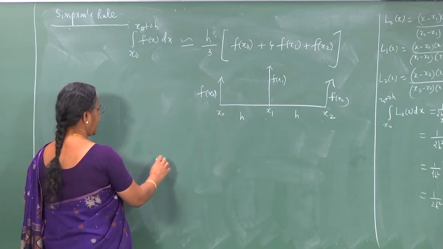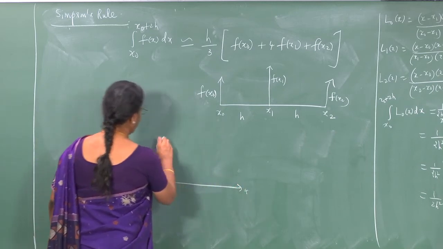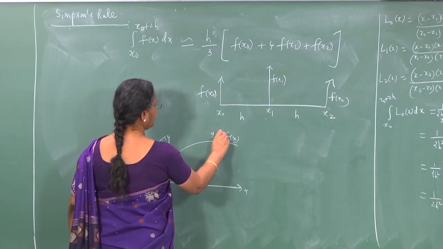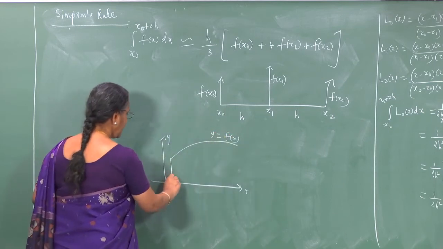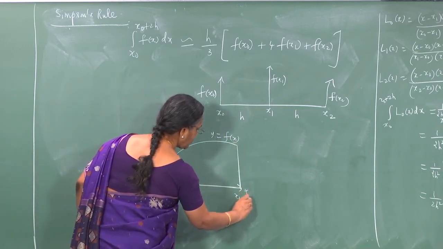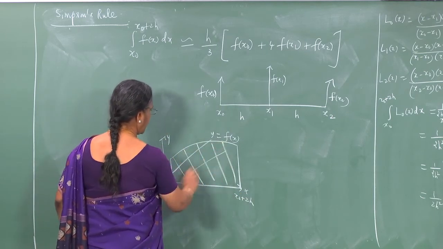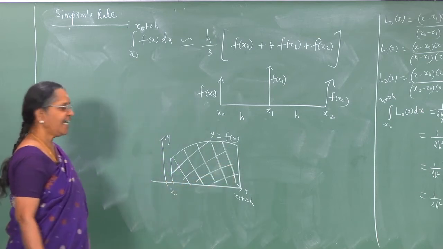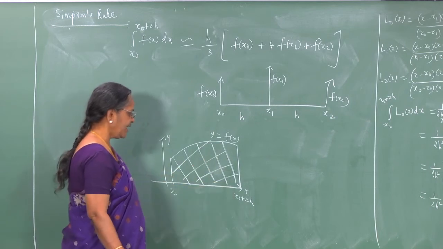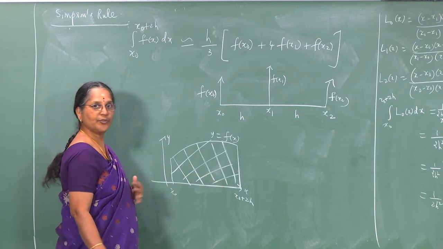Let us see geometrically. We have in the xy plane a curve y is equal to f of x, and we are asked to integrate between x0 and x0 plus 2h. Namely, we are asked to find the area bounded by y equal to f of x, the ordinates at x0 and x2, and the x axis between x0 and x2.